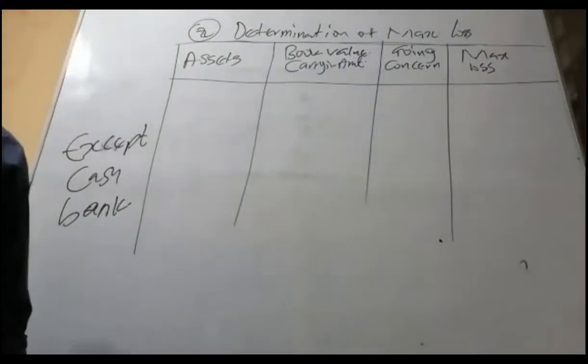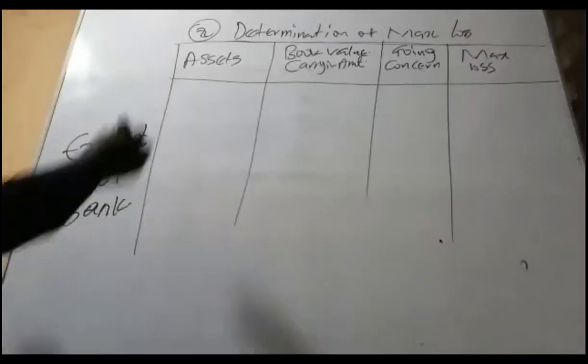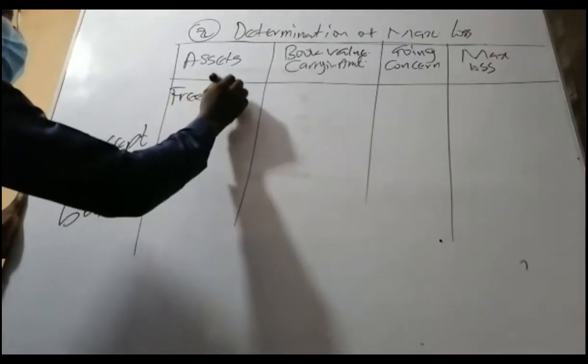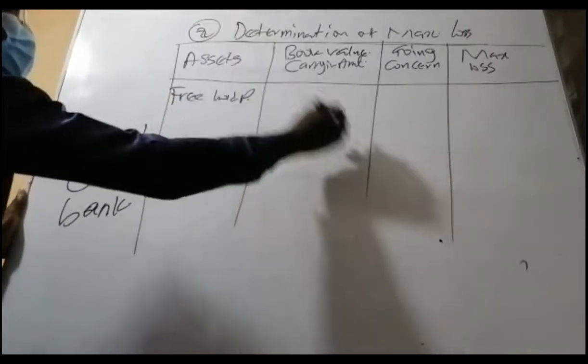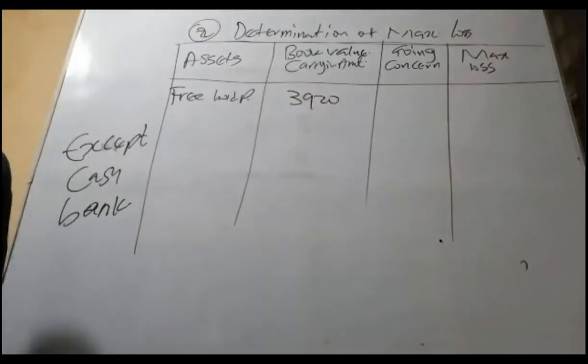So first one is freehold property. That's 3920, the book value. Agreed.